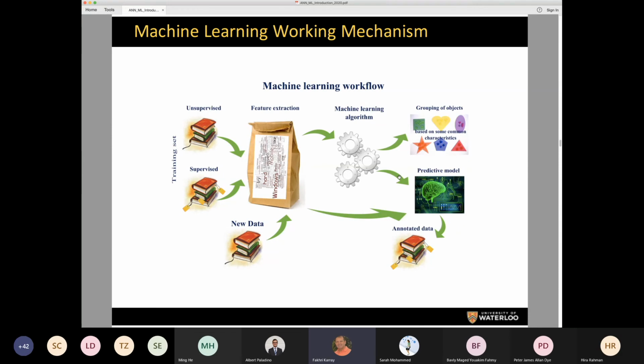And then you have the algorithm. So the algorithm is going to be the engine. The engine is going to take the features of the image or the object or the signal, and utilize them in its little engine, and it's going to generate either a predictive model or a group of objects. A group of objects is when you are dealing with unsupervised systems, when the data is not labeled. A predictive model is when you have a continuous type of model, similar to rental prices in a particular area.